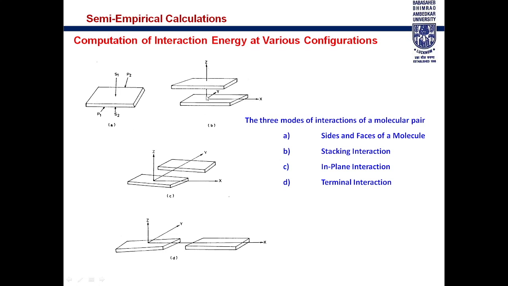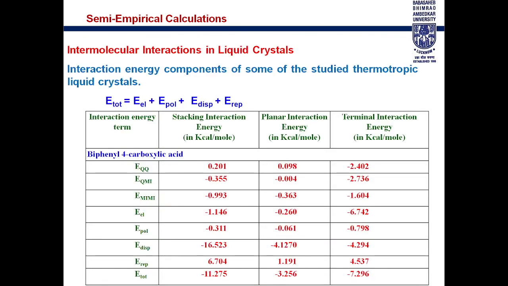This is an example of stacking interaction. Then when the molecules interact along the y-axis, it is in plane interaction. When the molecule interacts along the x-axis, it is termed terminal interaction.